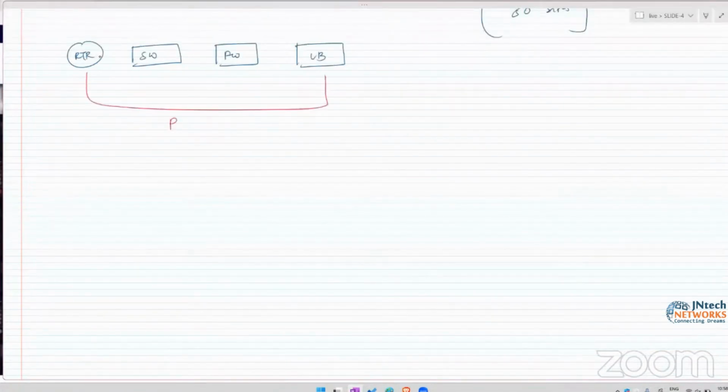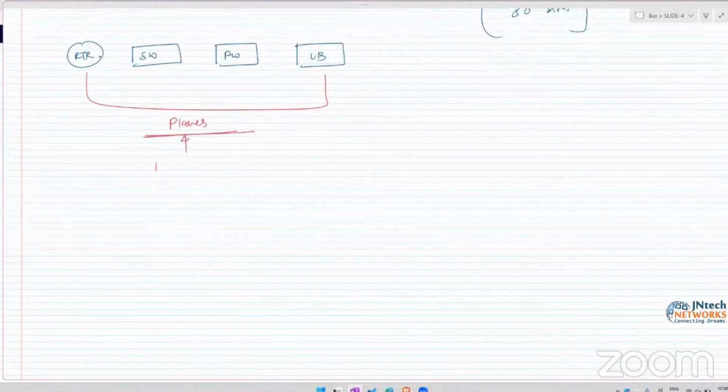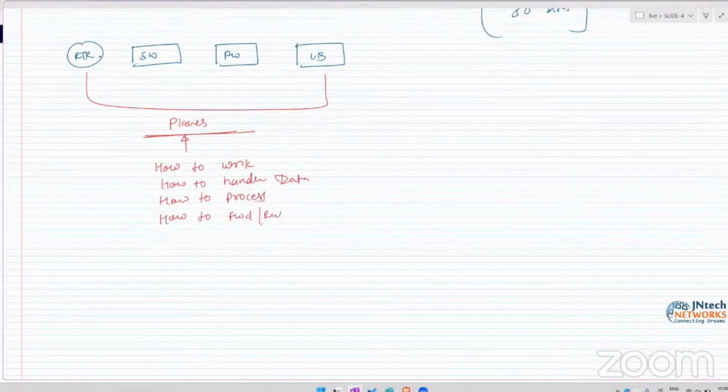These planes define how the device works and how it handles data: how to process, forward, receive, and verify packet types.